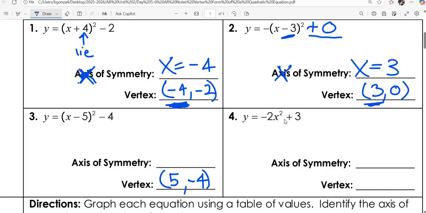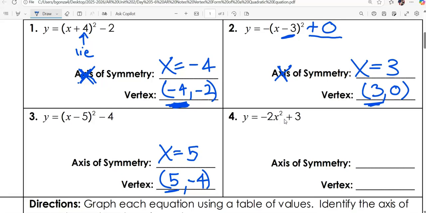So help me with this axis of symmetry. What do I write? You always start with x equals, and it's the x value. X equals 5, okay? That is how you do it.